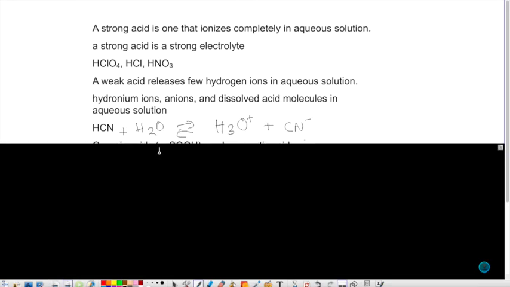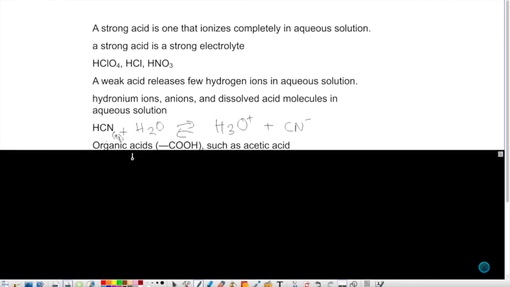Okay, so what happens is when you put HCN into water, you establish this equilibrium, but weak acids favor the reactants, which means that I'm going to end up with some of this just unionized cyanic acid just dissolved in water. Okay, so that's what we got.